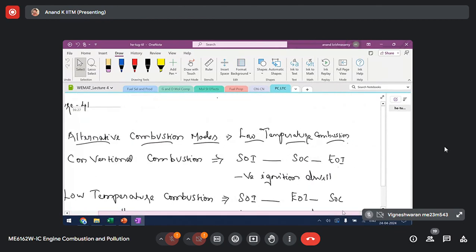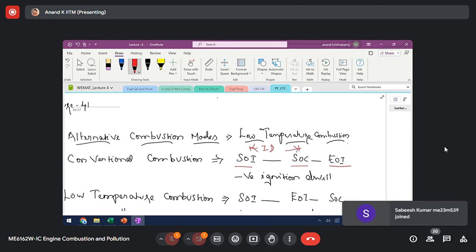In a conventional combustion mode, you have start of injection, and the combustion gets started before the injection event ends. So before the end of injection, the combustion event gets started after a short ignition delay between start of injection and start of combustion. After the start of combustion you continue to inject fuel into the engine cylinder.